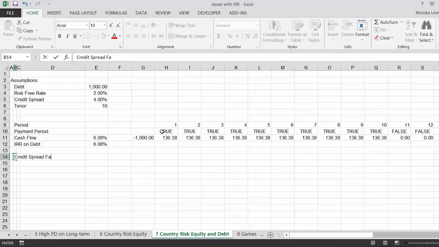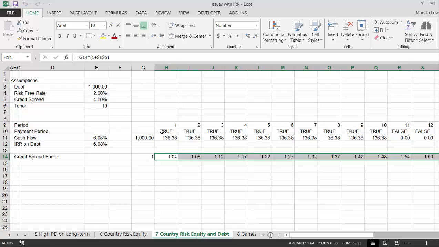I really don't know how to say this and why the math works like this, but we'll start with a 1 and just multiply that by 1 plus the credit spread. Okay. Shift Control 1, Shift Control R.